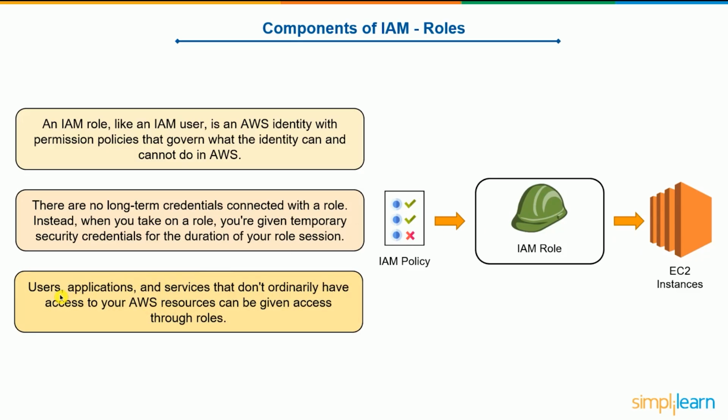So your users and your applications perhaps running on an EC2 instance and the AWS services themselves don't normally have access to the AWS resources, but through assuming a role, they can dynamically attain those permissions at runtime.